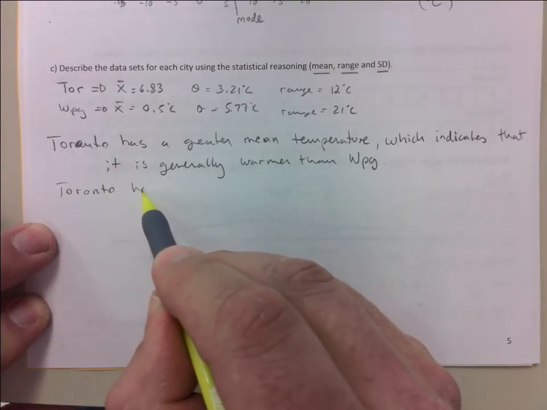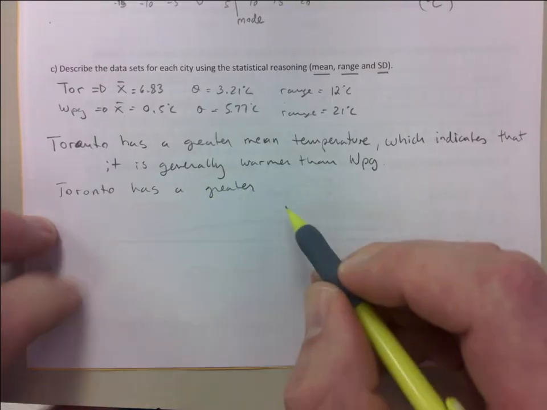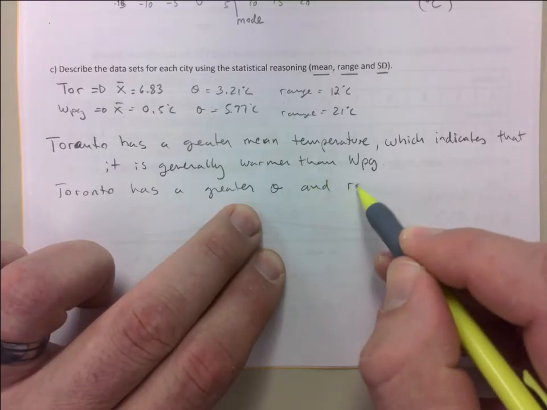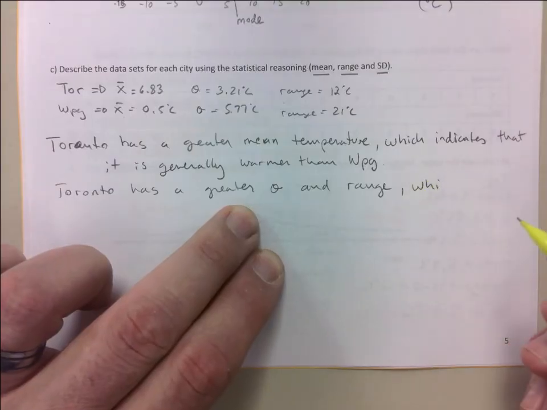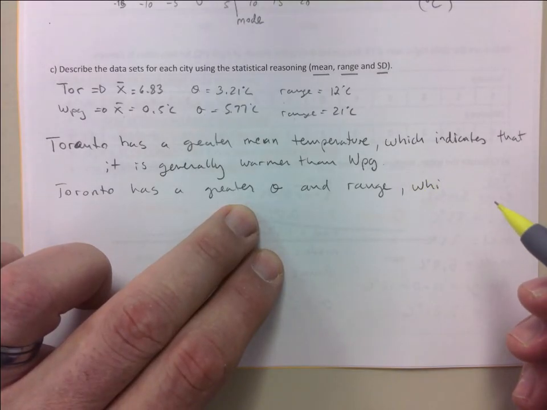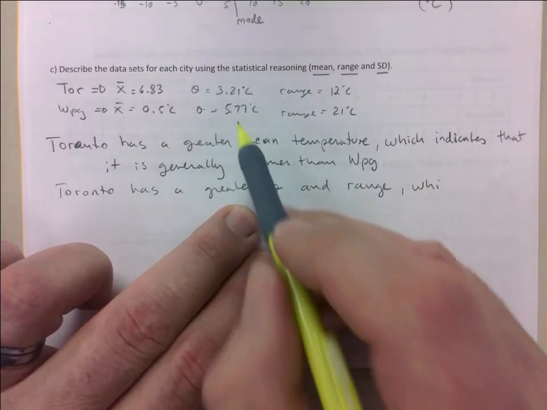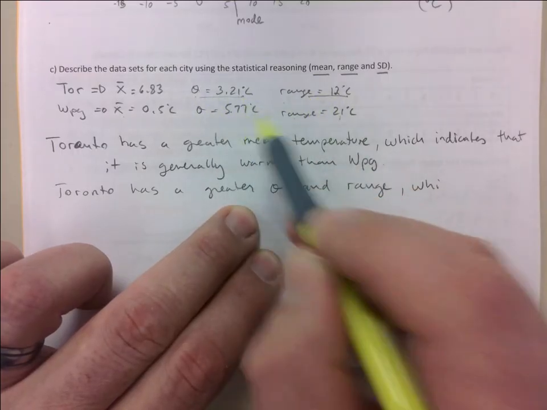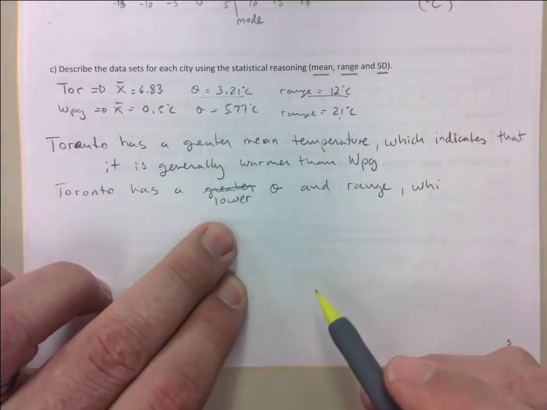Toronto has a greater, you can lump this up, greater standard deviation and range. Sorry, lower. Toronto has a lower standard deviation and range, right? Look at the numbers. Mr. Dirksen, look, it's lower. So I caught myself, okay, there.